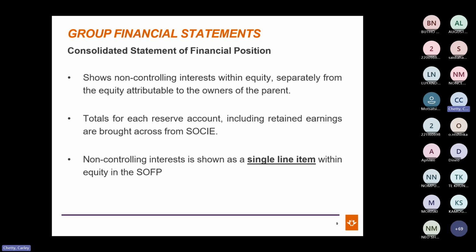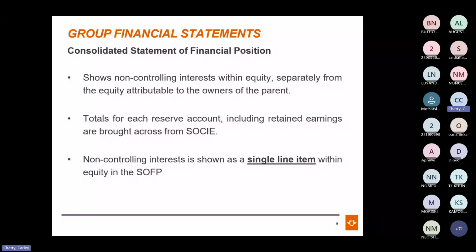We're also going to show totals for each reserve account, including retained earnings brought across from the statement of changes in equity. So you'll prepare the statement of changes in equity, and those totals will agree to the statement of financial position. The non-controlling interest is going to be shown as a single line item within equity in the statement of financial position.